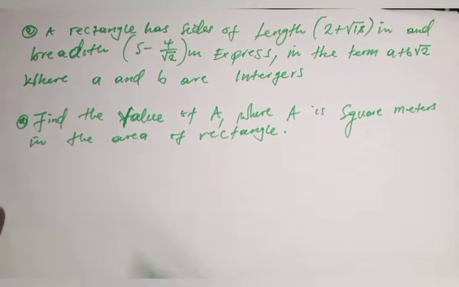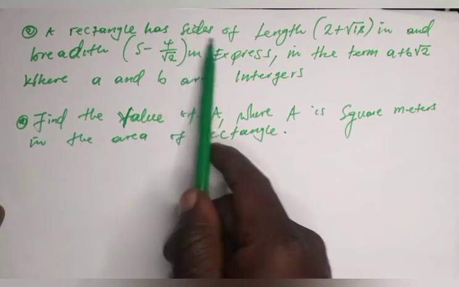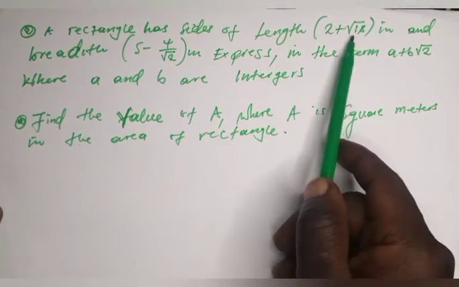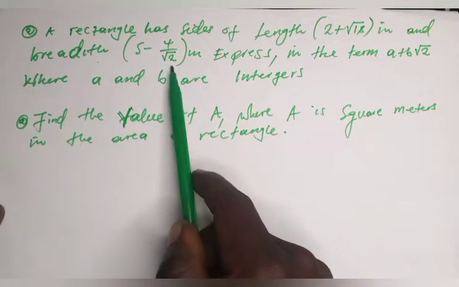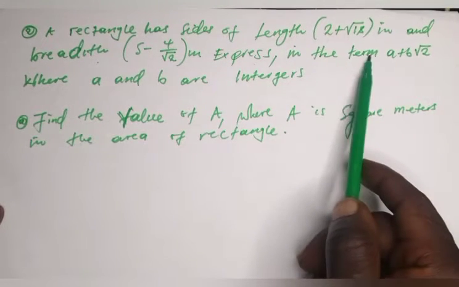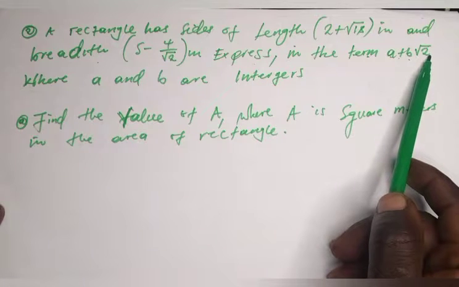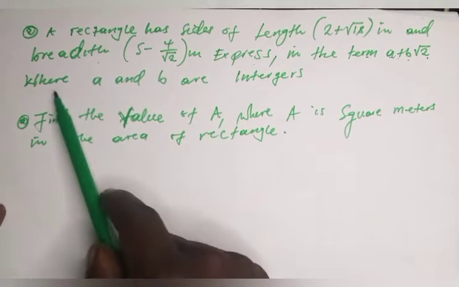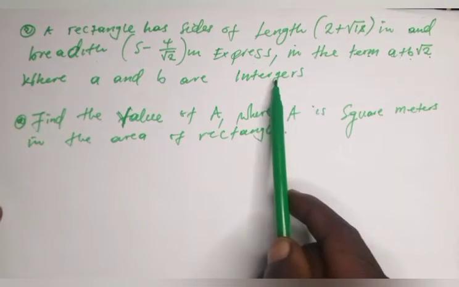Now let's look into another question. A rectangle has a length of 2 plus root 18 meters and a breadth of 5 minus 4 over root 2 meters. Express the area in the form a plus b root 2, where a and b are integers.